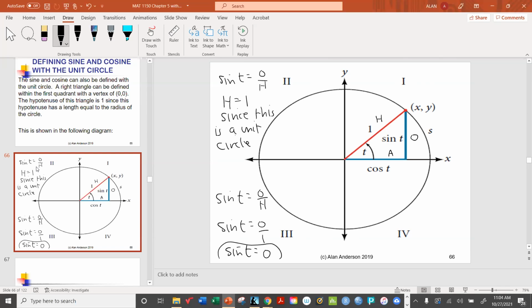And based on the same reasoning, the cosine of T, which is A over H, or A over 1, implies that A equals the cosine of T. And if this was 30 degrees, that would be, as we saw before, radical 3 over 2.